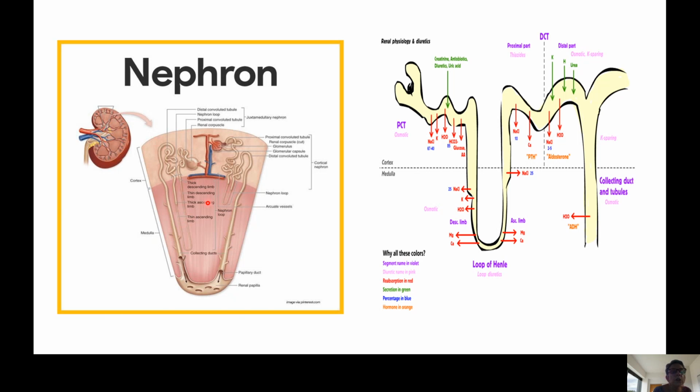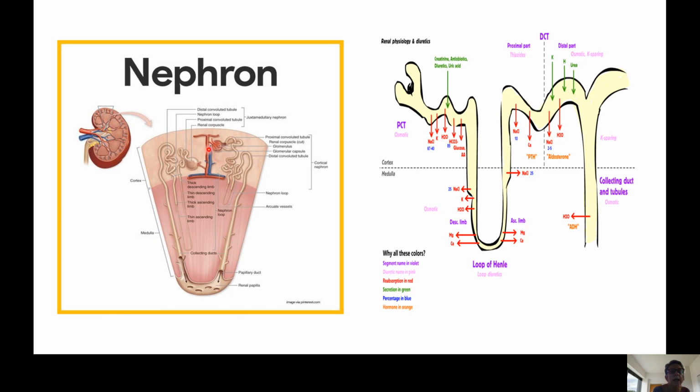All right, so here are the afferent arterioles, and by afferent, we mean that blood is being added to the system. So it's being added to the glomerulus, and the glomerulus is where the nephrons are located.